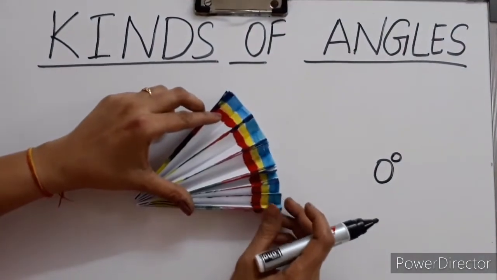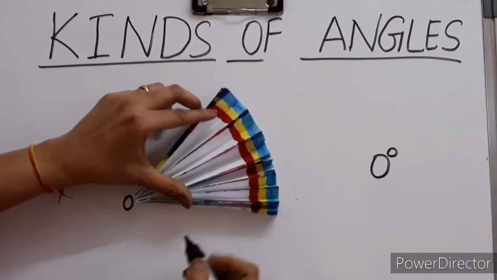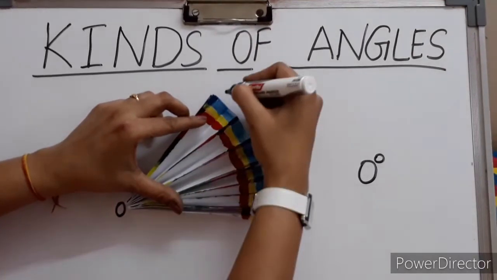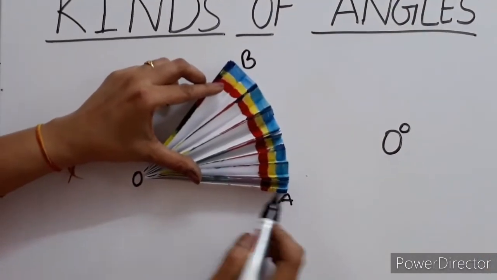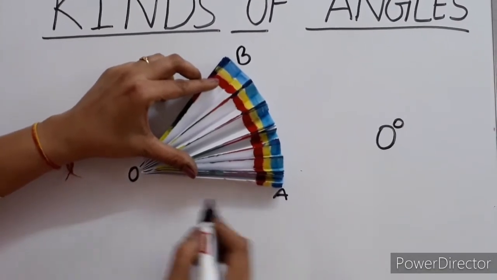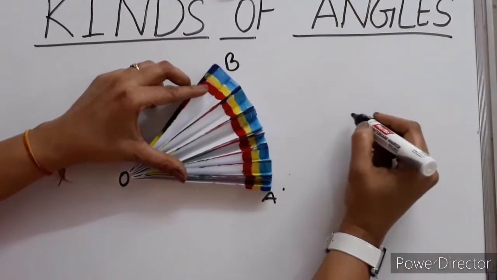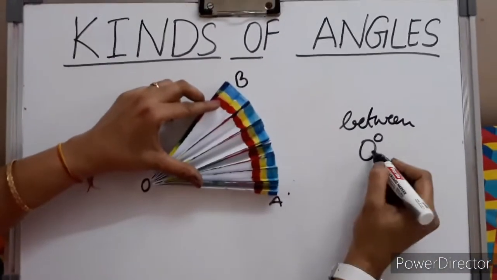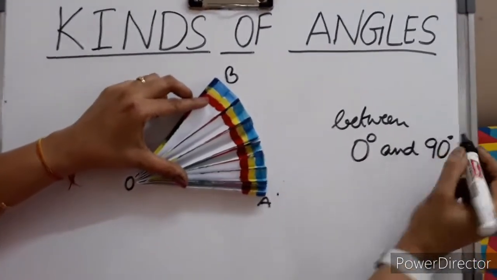It forms an acute angle. Suppose this is ray OA, and if I extend it till B, this shows an acute angle. That means from 0 degrees when it starts, the degrees are in between 0 degrees and 90 degrees.